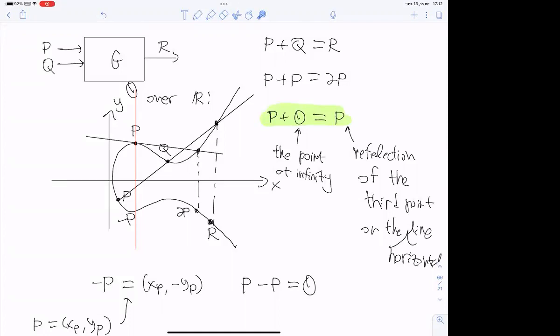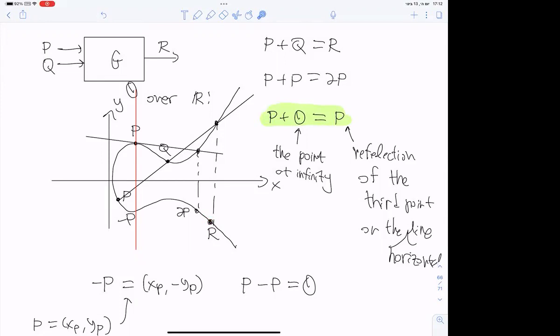If we have two different points P and Q and we want to find P plus Q, we take the line through P and Q, which has a third intersection point, and we reflect this point. We take the same X but minus Y, and this will be the sum of P and Q.